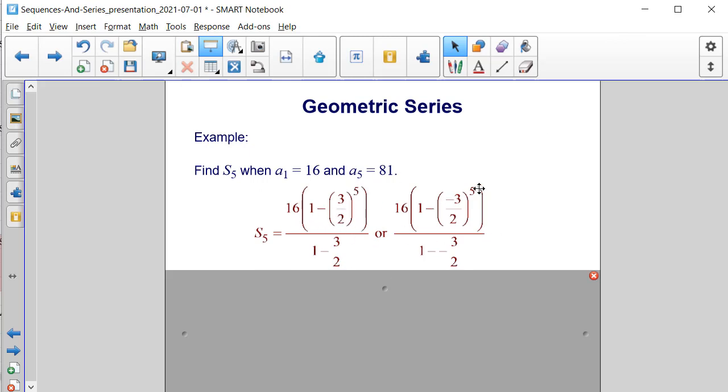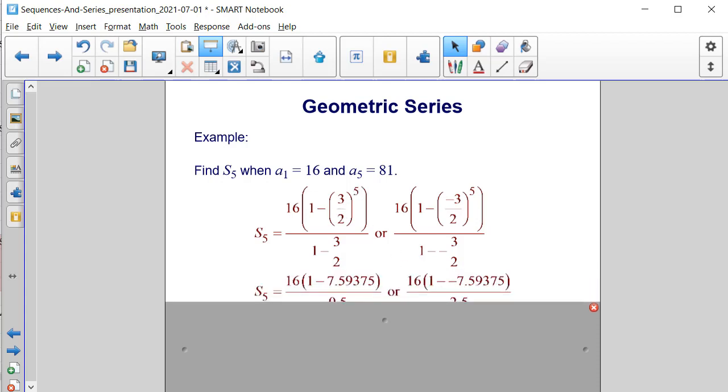We need to start with our exponents. So if we do 3/2 to the 5th power, we end up getting 7.59375. And if we evaluate negative 3/2 to the 5th power, we get the negative of that, so negative 7.59375. And then when we do the subtraction in the denominator, we get negative 1/2 or 2.5.